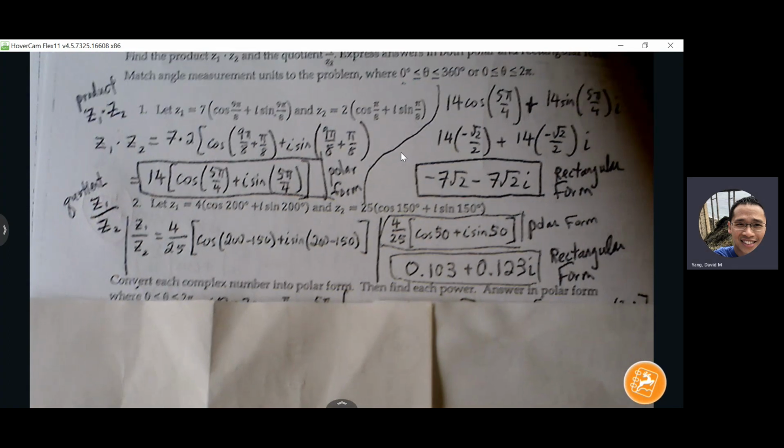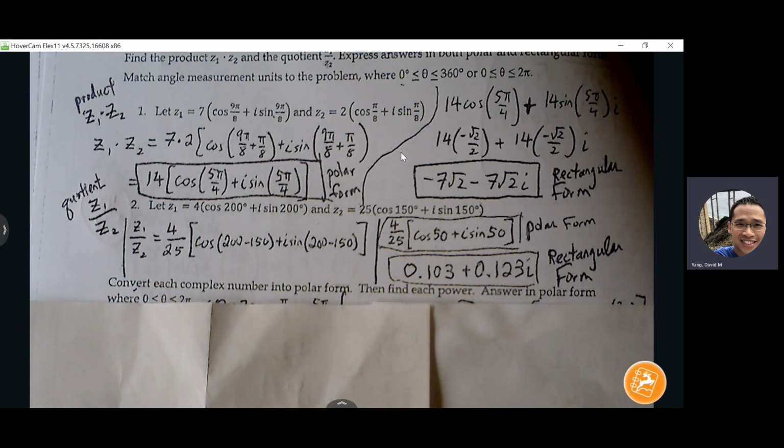All right, with this one, you kind of have to rely on the calculator again. On the test, it'll be unit circle values. I know this one can't get into rectangular form without a calculator.